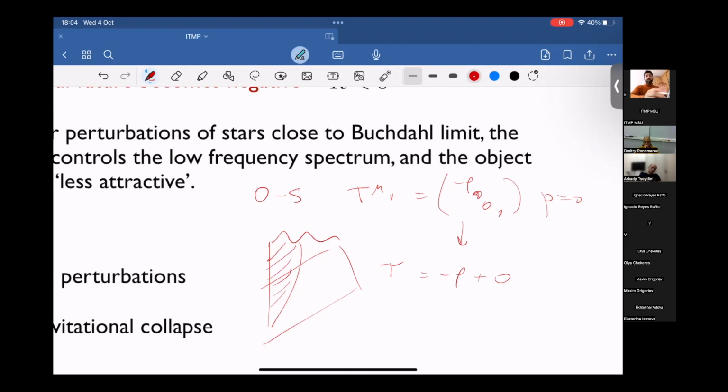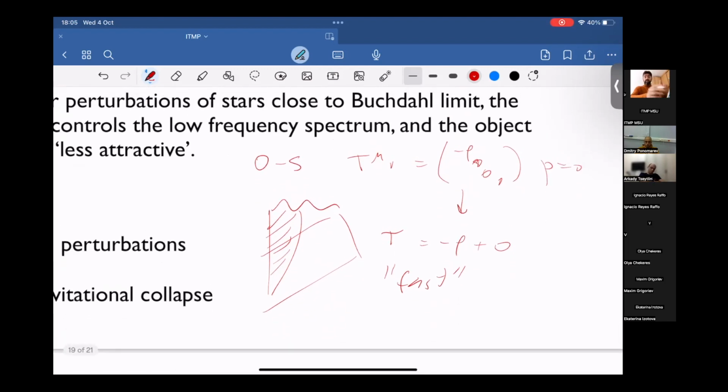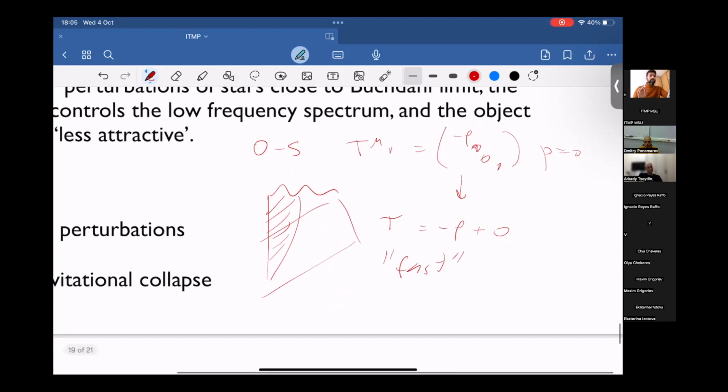So I would say for very fast gravitational collapse, which is the reigning paradigm in general relativity, if gravitational collapse happens very fast in this way, then what I'm talking about plays absolutely no role. I think so.